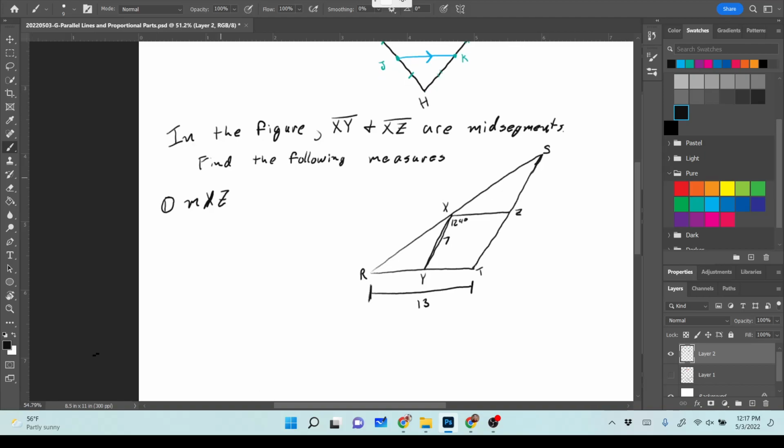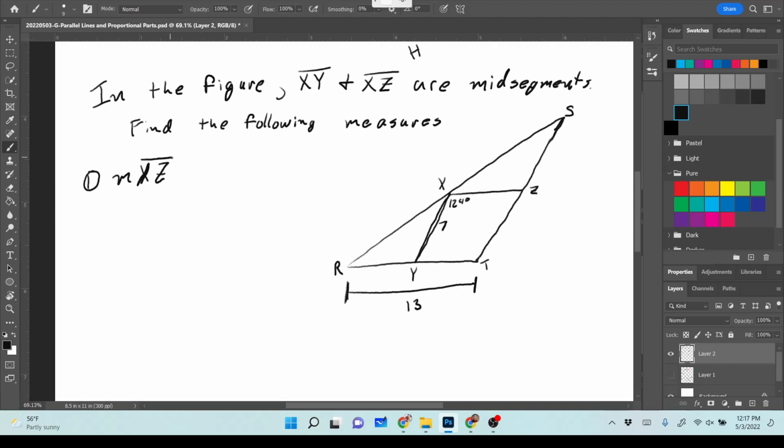Okay. So we're finding the measure of XZ, so what should we do? Is it 120 or 124? That's 124. So, how are we going to find the measure of XZ? No, not the degrees.